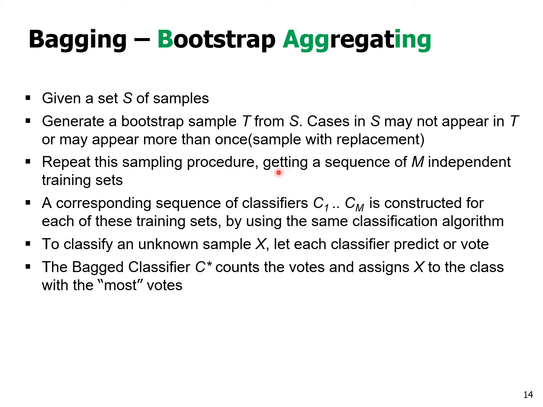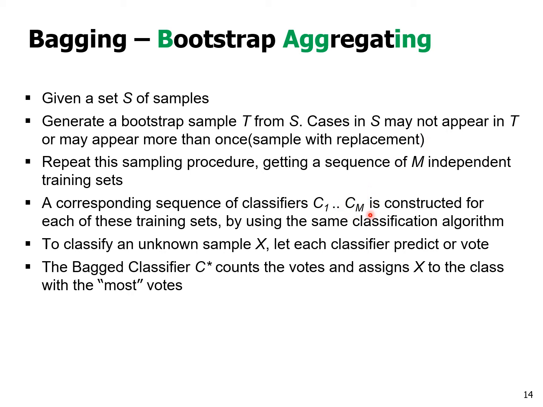Let's say you do sampling m times, so you have m independent samples of training data, right? So now you have m training sets, each a sample of the original training data. For each of these m training sets, you construct classifiers C1, C2, up to Cm, because you have m samples, so you have m classifiers.